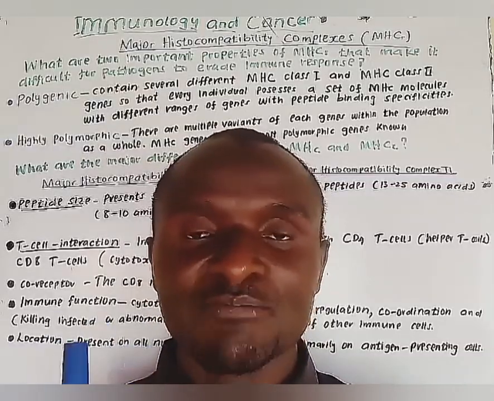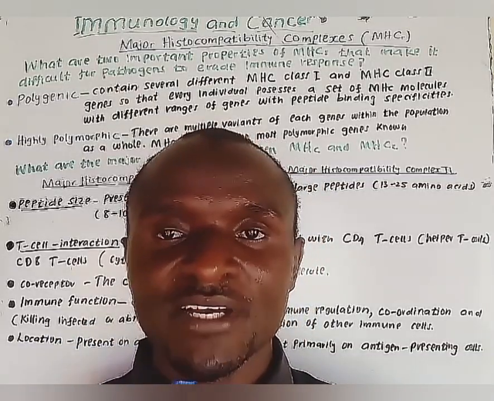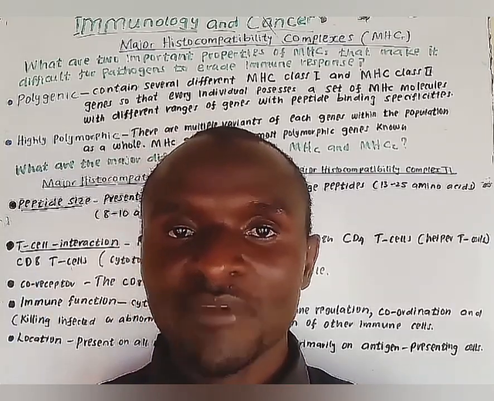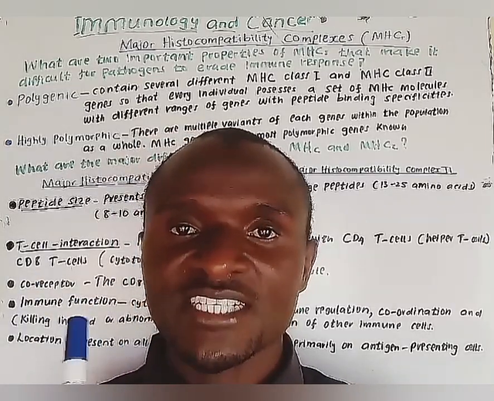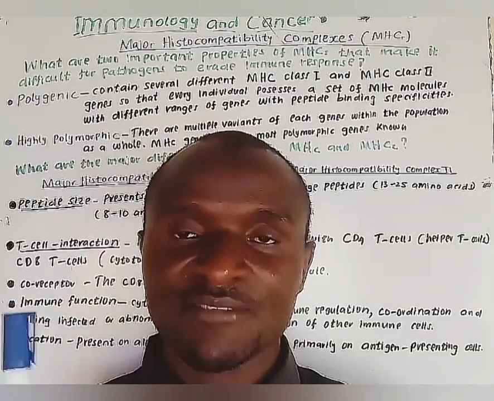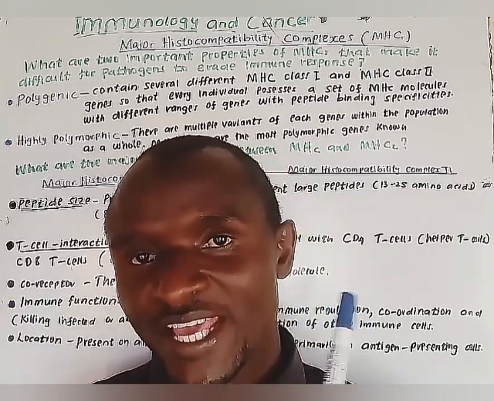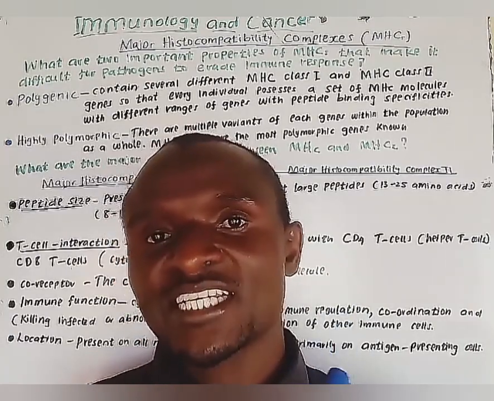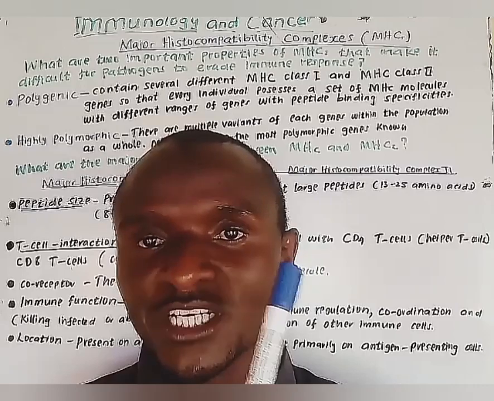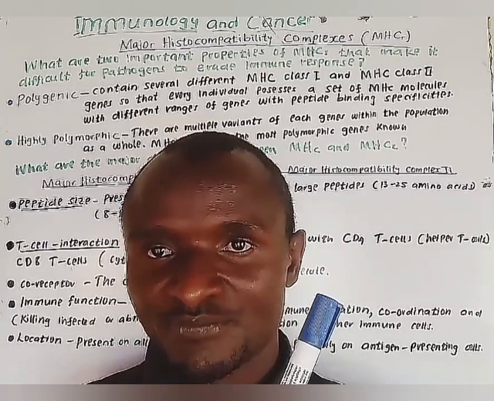Another difference between MHC1 and MHC2 is the size of peptides. MHC1 generally presents smaller peptides, that is 8 to 10 amino acids. MHC2, on the other hand, generally presents larger peptides, that is 13 to 25 amino acids.